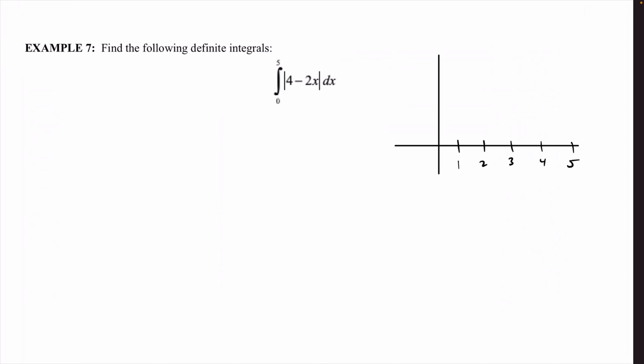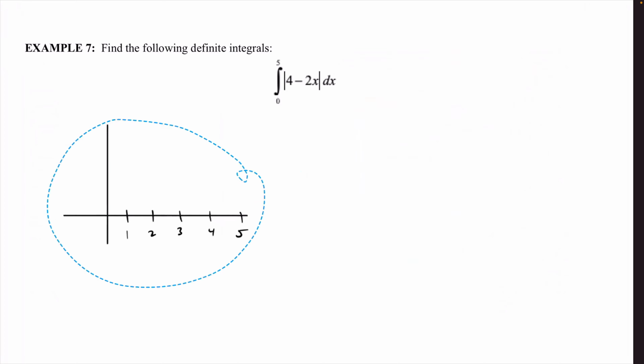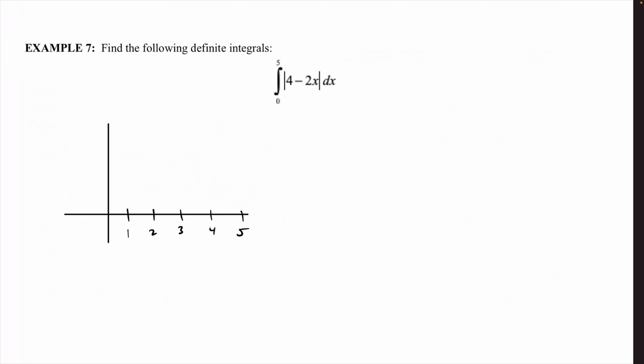And it's going to be a shape that you recognize. So when I plug in 0, I'm not doing antiderivatives, I'm not doing U substitution, I'm just plugging in numbers right now. What am I going to get? 4. The absolute value of 4 minus 0 is 4, right? So it'll be positive 4. Make a dot.